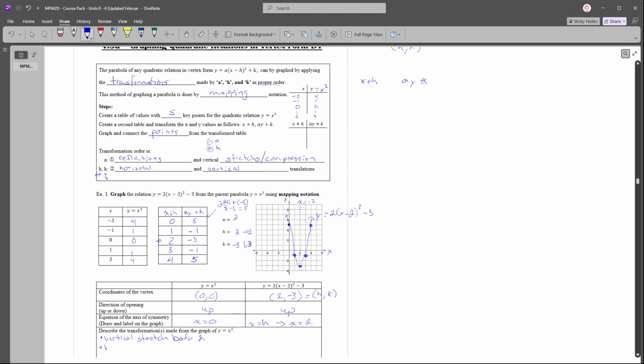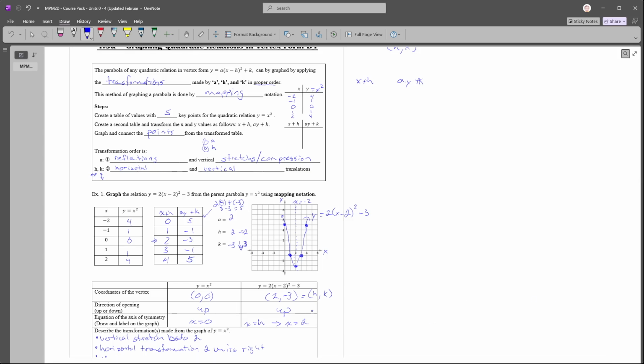So horizontal translation, 2 units right. What about vertical? Yeah, certainly was. We have a vertical translation down 3 units.